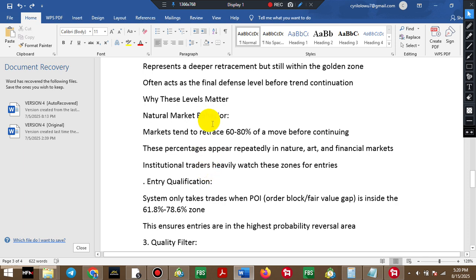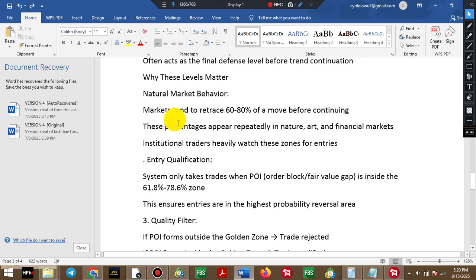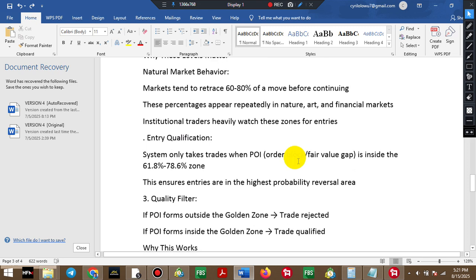The market tends to react around the 60 to 80% of a move before continuing. This percentage appears repeatedly in nature, art, and financial markets. Institutional traders heavily watch these zones for entries. Entry qualification.